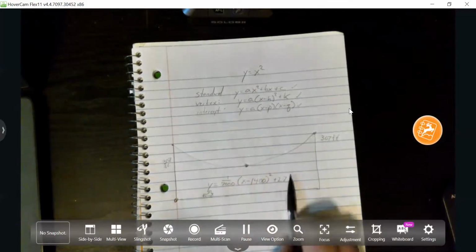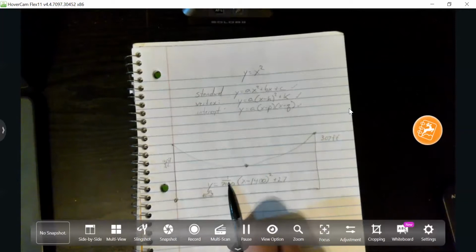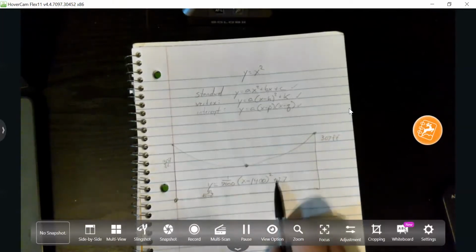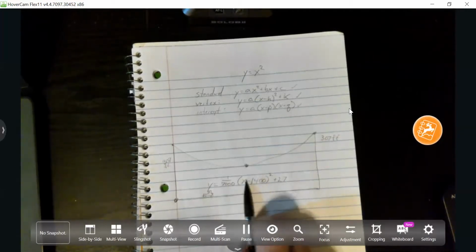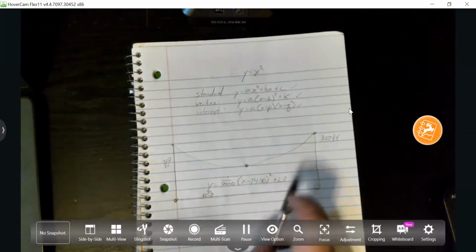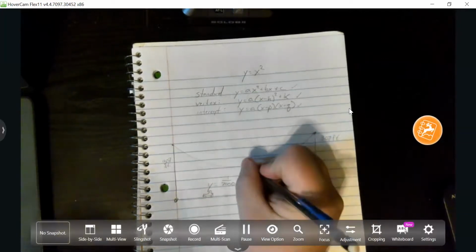So let's take a look at this. We know it's right side up because this is positive. We know it's way, way wider than normal because this is a ridiculously tiny fraction, 1/7,000. We know the vertex is up at 27. And we know the vertex is moved right 1,400 points, in this case feet.